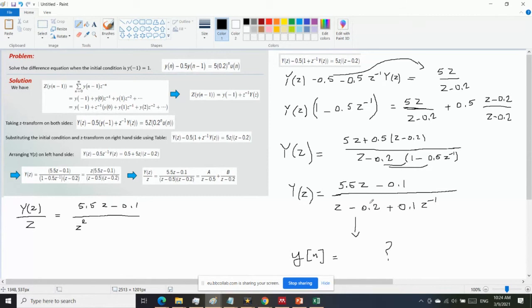Here it becomes z multiplied by all of this, minus 0.2 z plus 0.1 z to the power of minus 1 multiplied by z, which basically cancels out, becomes just 1.